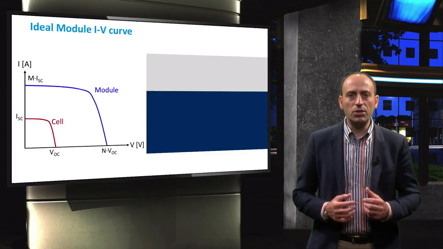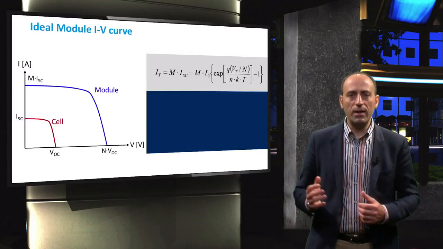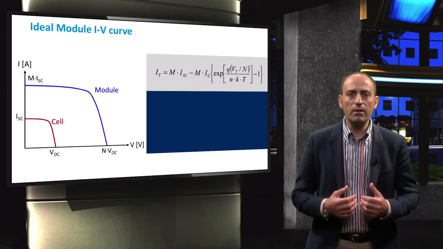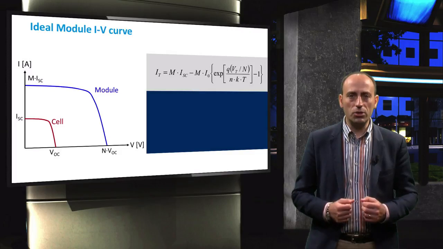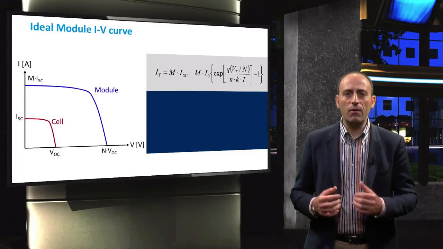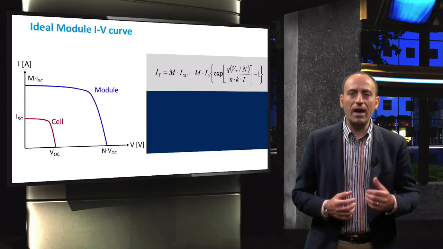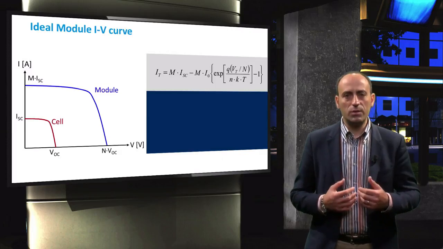The IV relation of an ideal module is described by this equation, which is derived from the illuminated diode equation. The voltage and current of the module are indicated by IT and VT respectively.